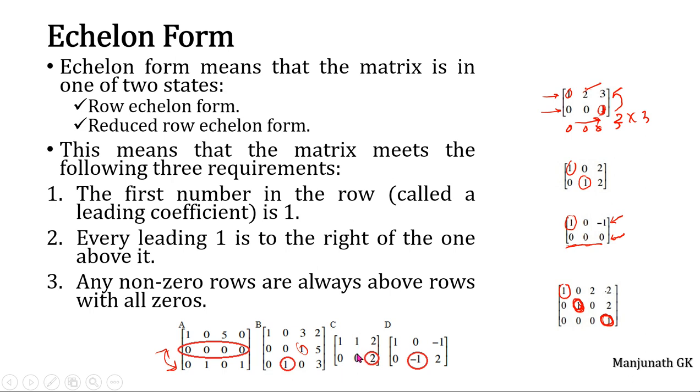Matrix C is also not in echelon form because in the second row the leading coefficient is 2, but it should be 1 according to rule number 1. And D is also not in echelon form because the leading coefficient is -1 in the second row, but it should be 1. So A, B, C and D are not matrices in echelon form.